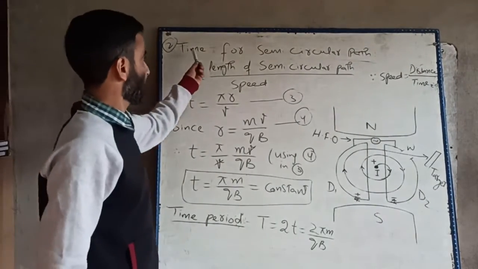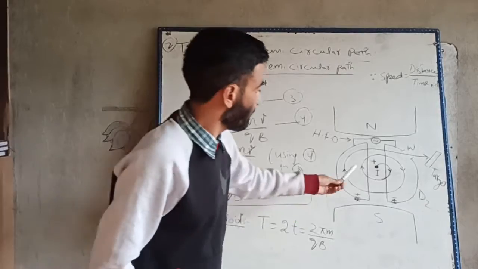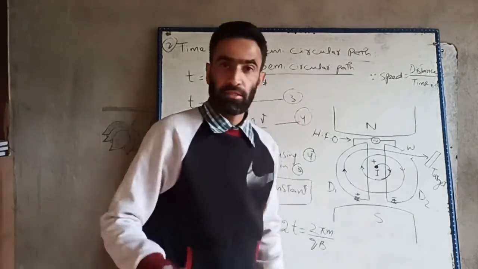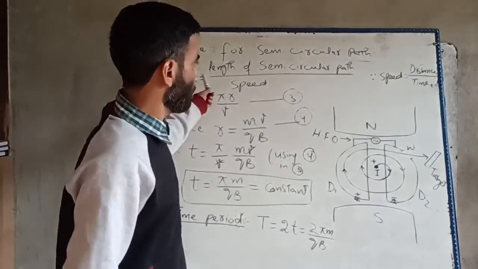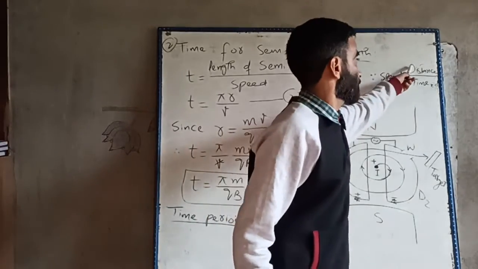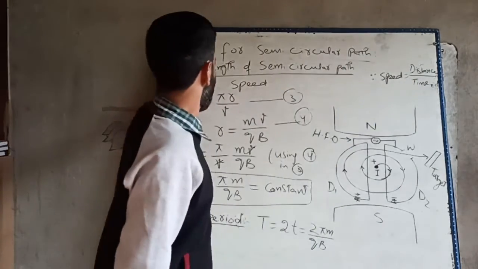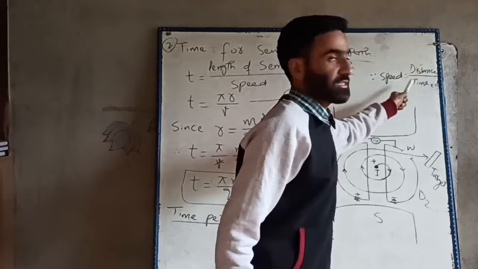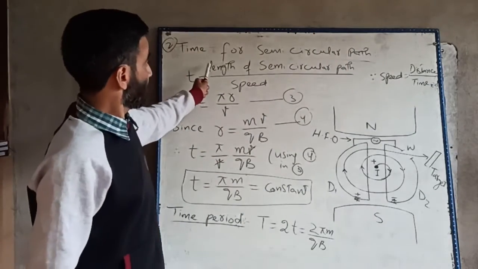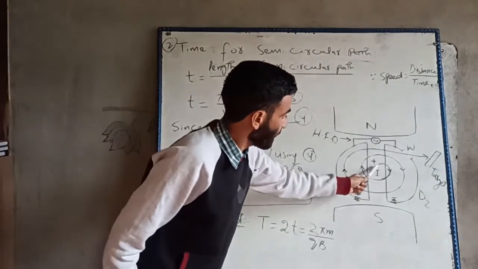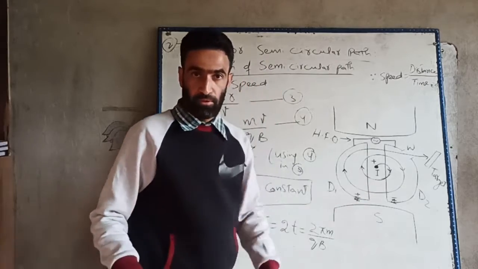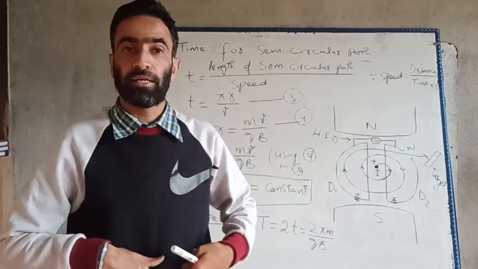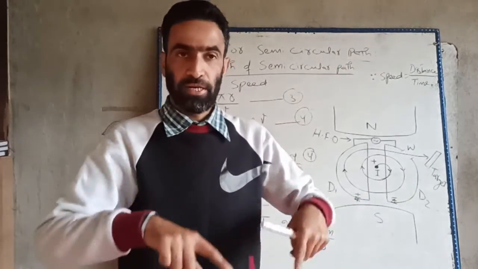Now this is the next point: time for a semicircular path. What is the time that it will take for a single semicircular path? We know speed is equal to distance by time, or we say time is equal to distance by speed. Simple. And here the distance is the length of this semicircle. For the whole circle we call that the circumference, that is 2πr.